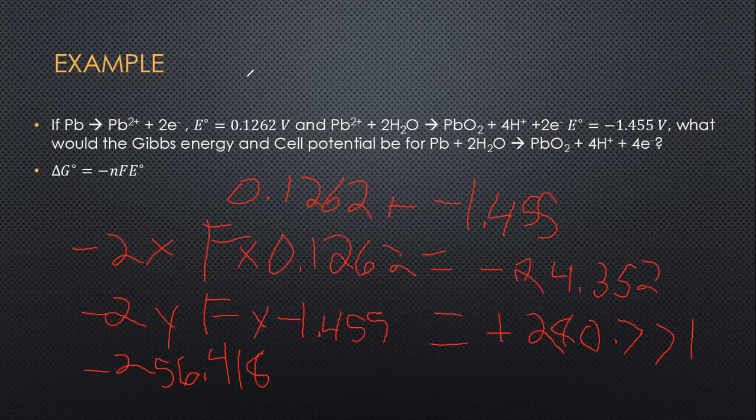And now we turn this back into the cell potential. So we have to multiply that by 1,000 and divide by, now we have 4 electrons, negative 4, so it's a positive, divided by Faraday's, 96485. And we have the cell potential has dropped to 0.6644.